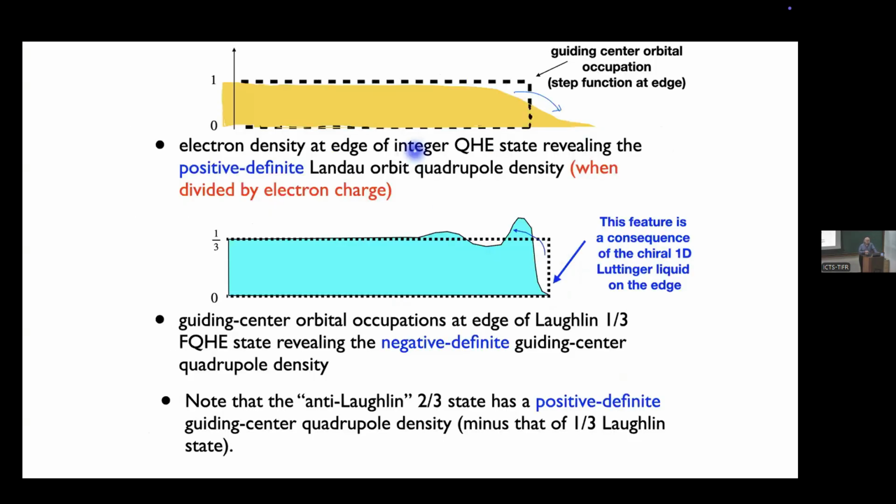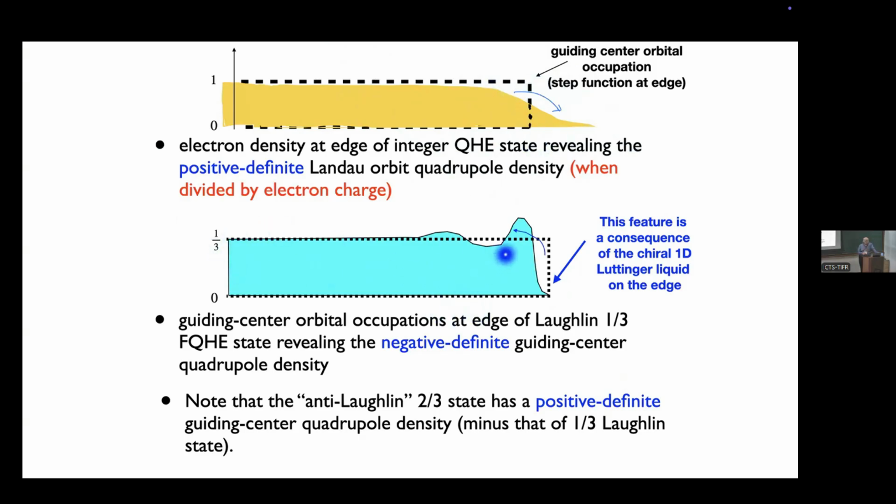Okay, so here you see the surface dipole in the integer Hall effect is just coming from the shape of the Landau orbits, which is what gives you the quadrupole density, because the guiding centers may terminate directly at the edge, but each guiding center has a Landau orbit around it.